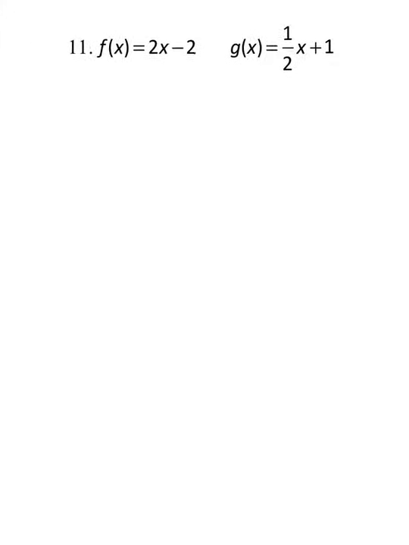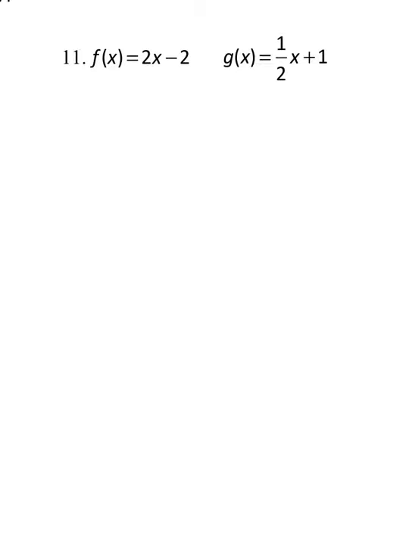Moving on to question 11, we're going to do the same calculation. So I want to know, is f of g of x equal to g of f of x equal to x? And so for the first one, f of g of x, here my outside is f, so it's 2 times something minus 2, and my inside is 1/2 x plus 1.